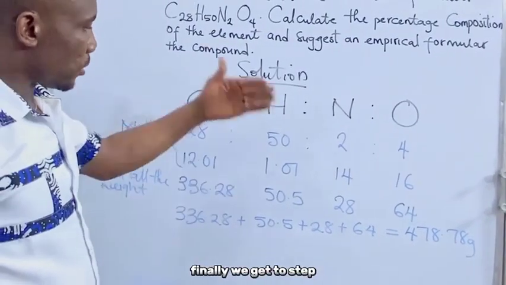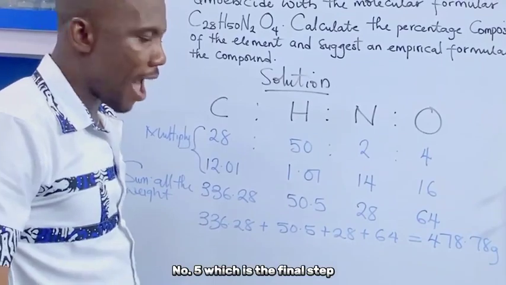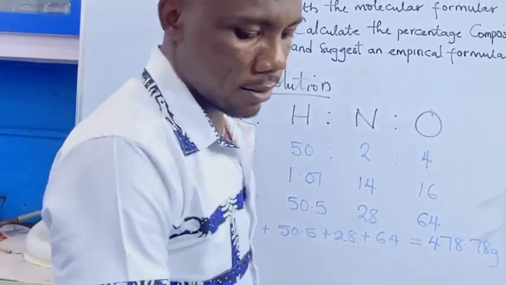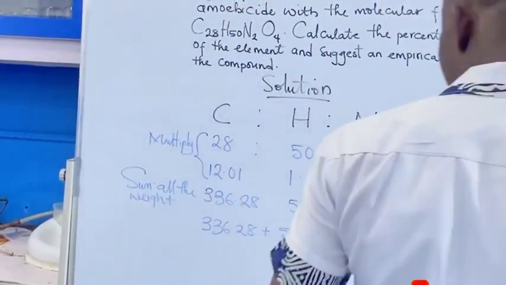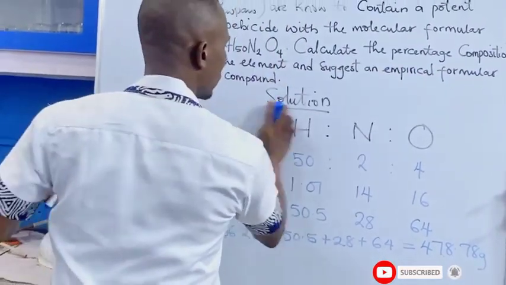Finally, we get to step number 5, which is our final step in arriving at percentage composition.